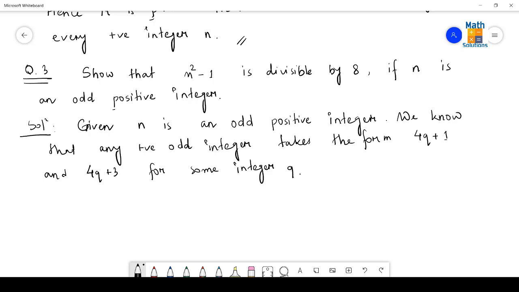Now in this case there will be a question, why have we considered 4 and not 2?